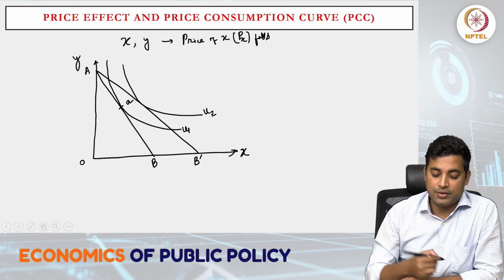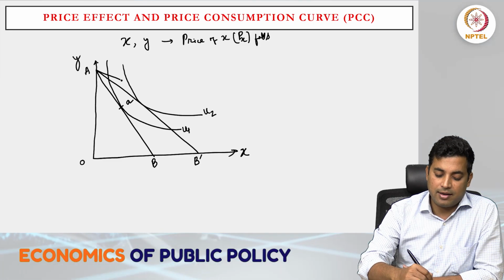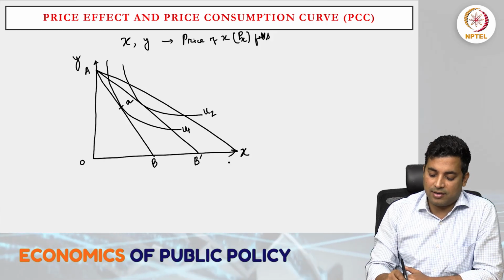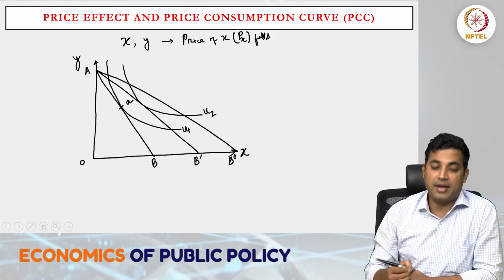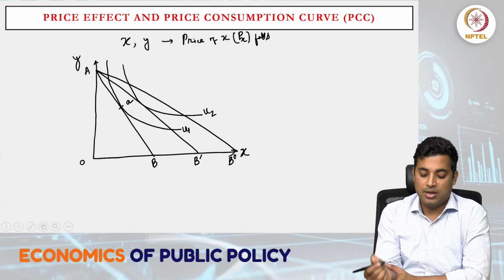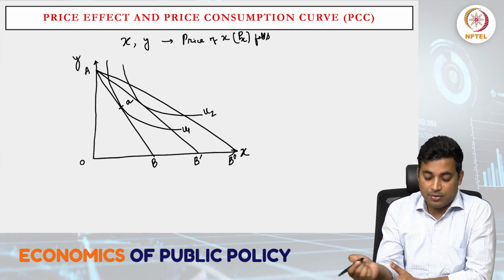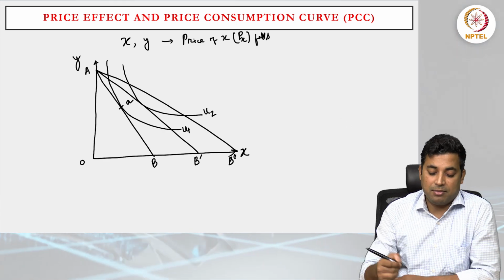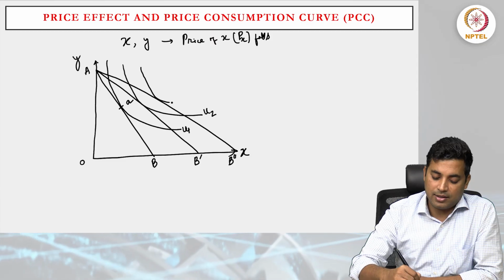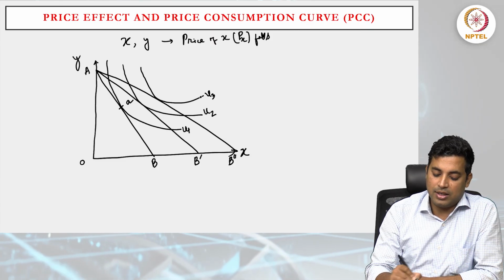in case of normal goods. Then, say the price falls further, and the budget line shifts further rightward to AB double dash, and here we get higher utility.